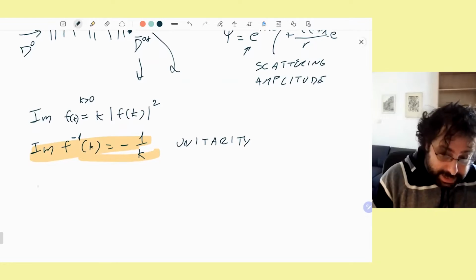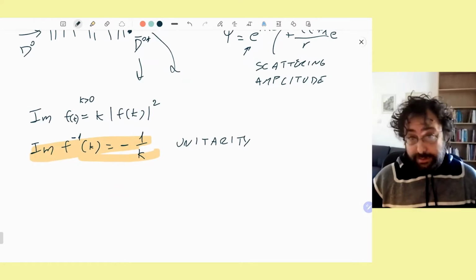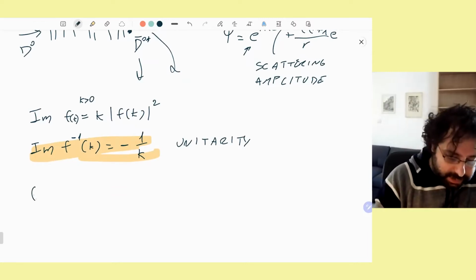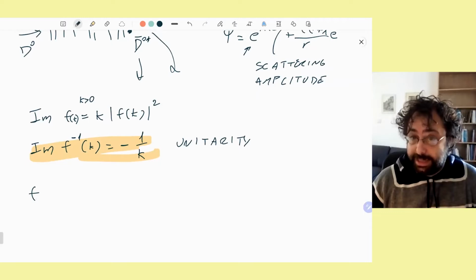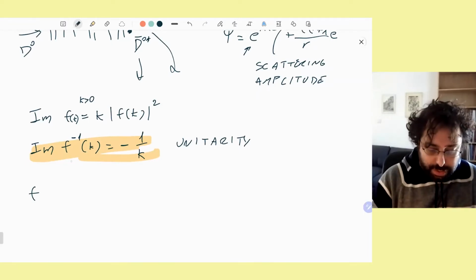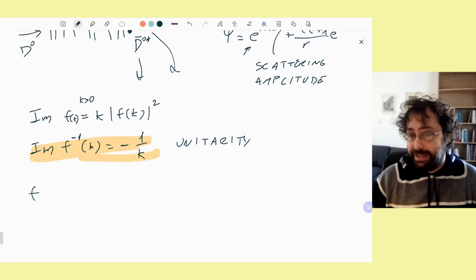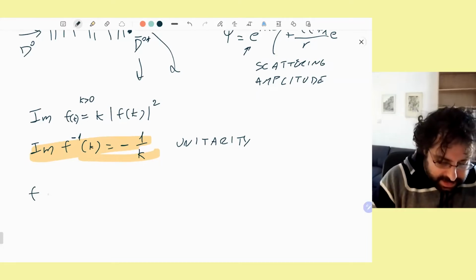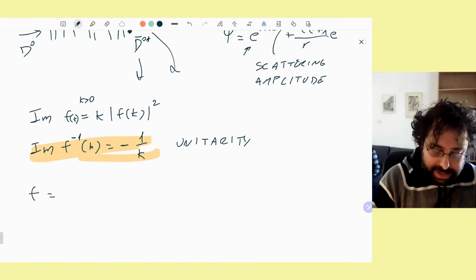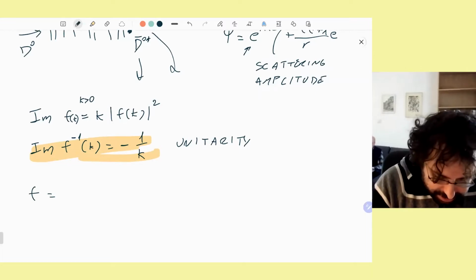So one other thing I can do is to use this information to write a generic form of the scattering amplitude in terms of the so-called K matrix. What I can say is just to use this information and plug in an ansatz that satisfies it automatically. And this is very easy because I know that the imaginary part, sorry, I miswrote here.